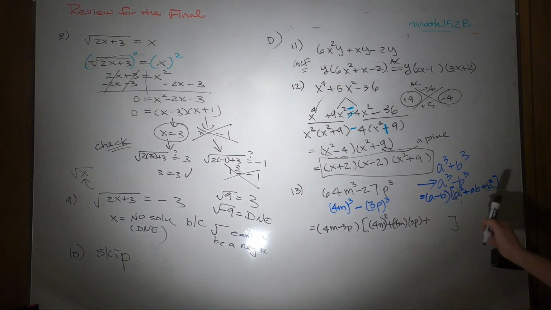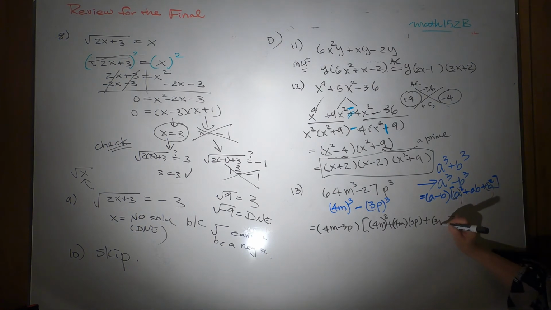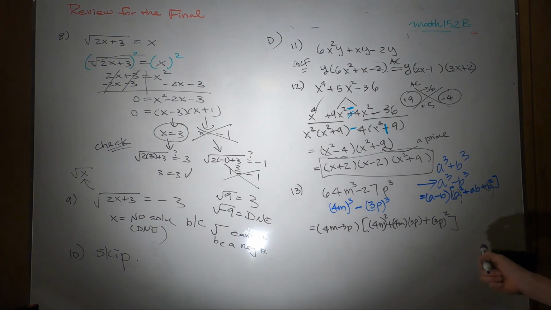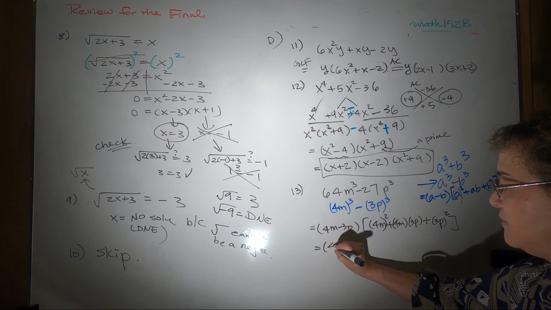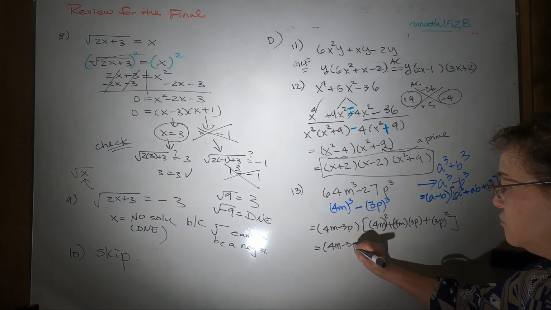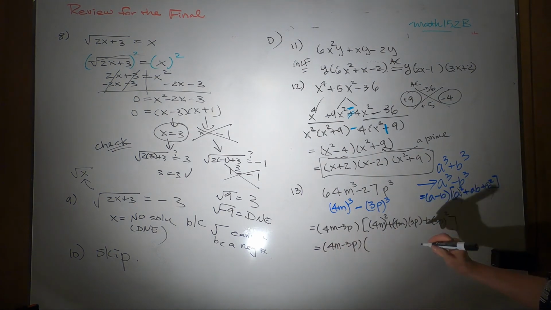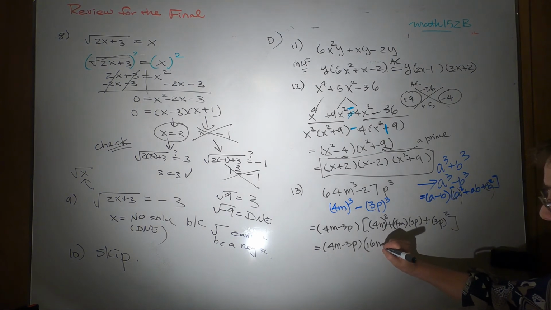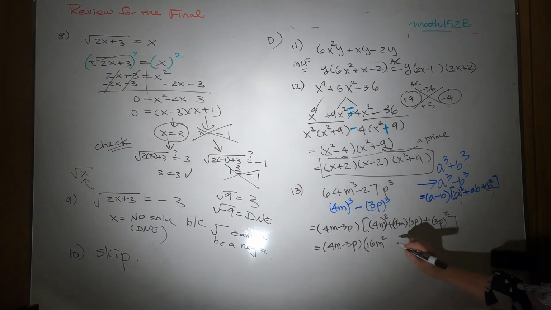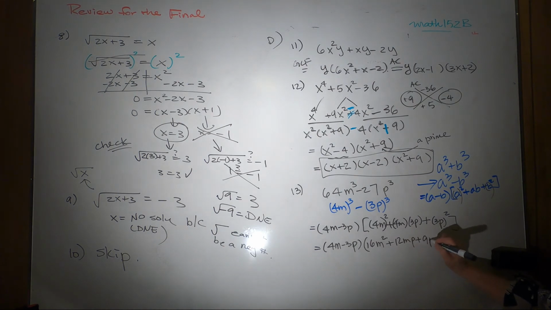Then plus B squared is what? 3p squared, right? You don't leave the answer there. You need to spell it out individually for each term. So you should write 4m squared is what? 16m squared, right? Plus 12mp plus 9p squared.